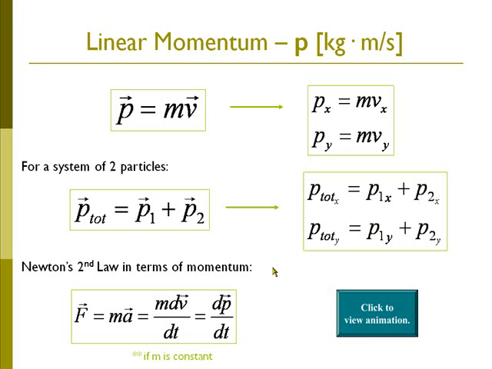In fact, we can rewrite Newton's second law in terms of momentum. Let's take the case where the mass of the system or the object remains constant. In this case, we rewrite acceleration as the derivative of velocity over time.